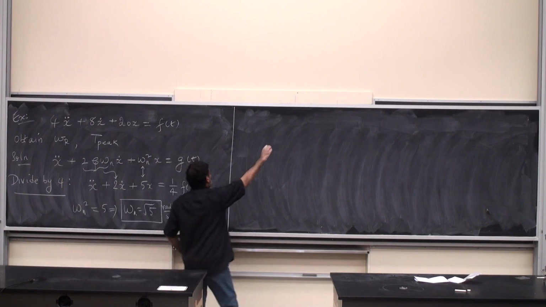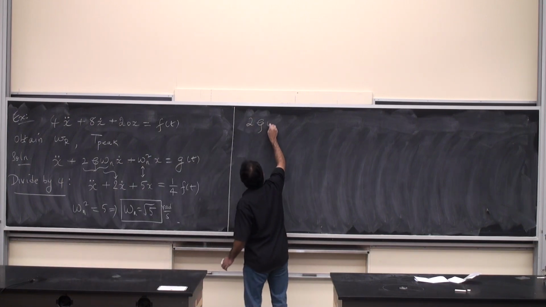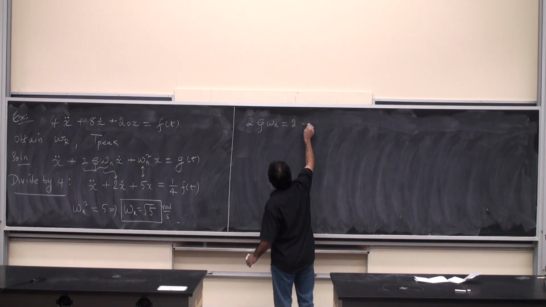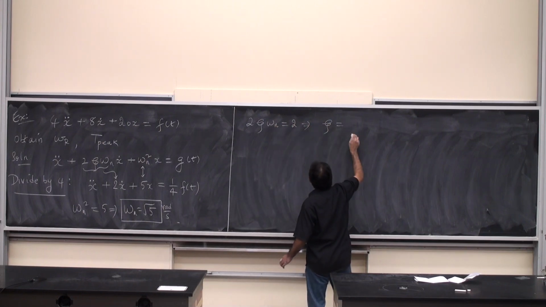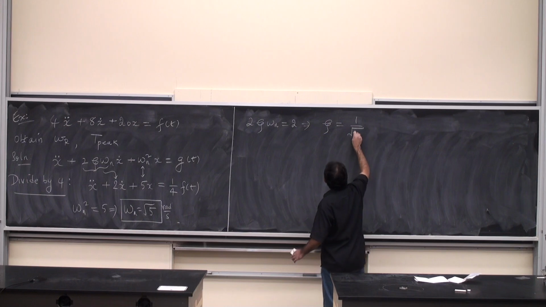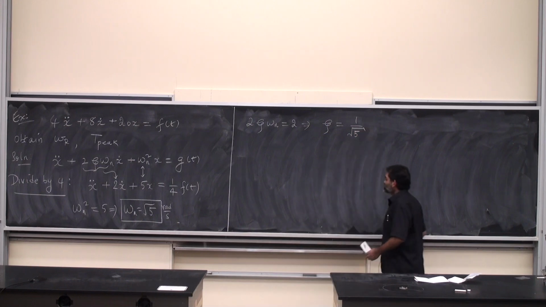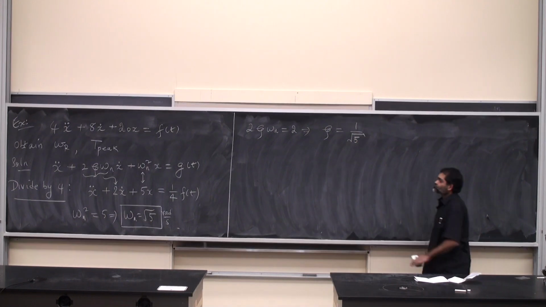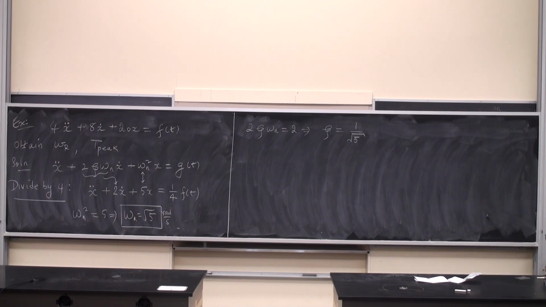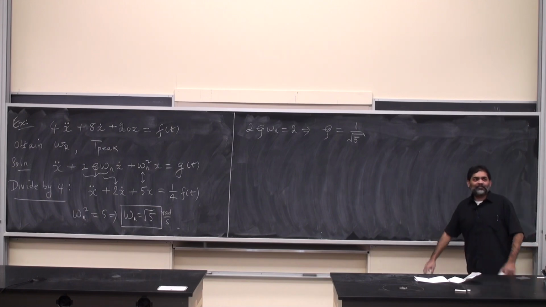And then 2 zeta omega n is 2. Zeta is 1 by root 5. Makes sense to everybody, right? This is standard stuff.